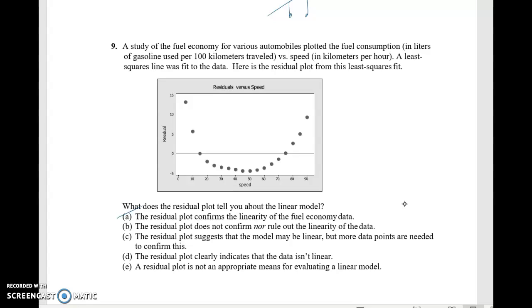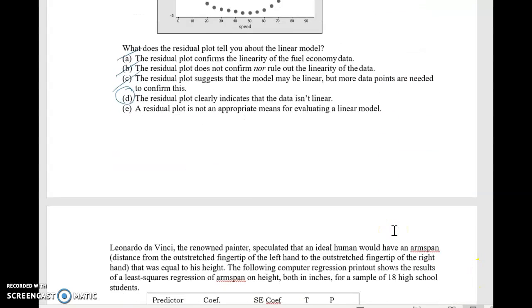The residual plot does not confirm, nor does it rule out the linearity of the data. Oh, it rules out linearity. The residual plot suggests the model may be linear, but more data points are needed. Again, the residual plot clearly indicates the data isn't linear. There's our winner. And part E, that's a distractor that makes no sense. The residual plot's not an appropriate means. Of course it is. It's our best means to evaluate the linear model.